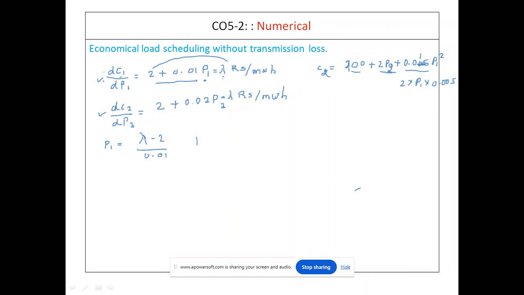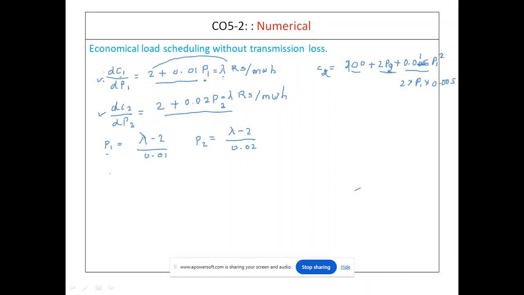Similarly, I'll get P2 from the other equation: P2 equal to lambda minus 2 divided by 0.02. So from these incremental cost equations, I have obtained P1 and P2.